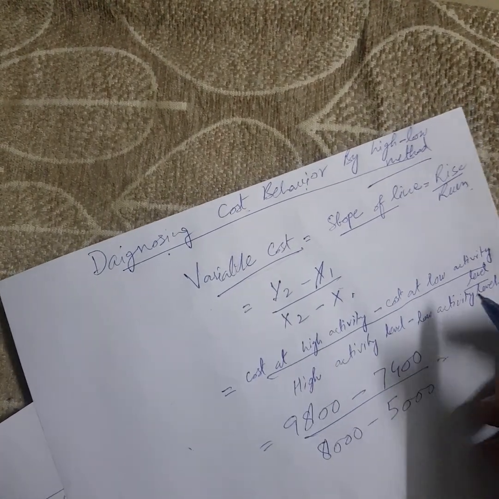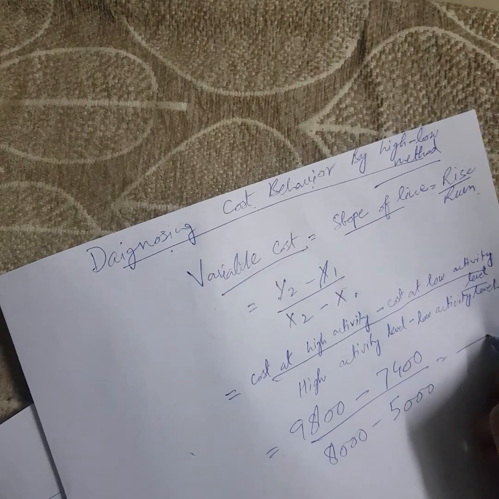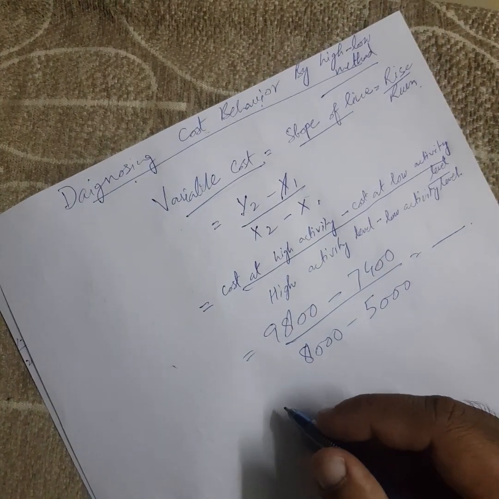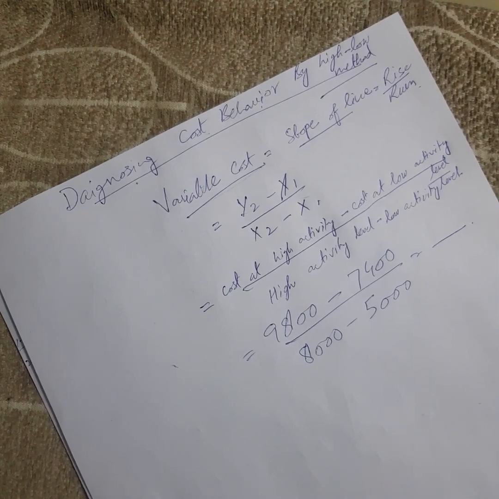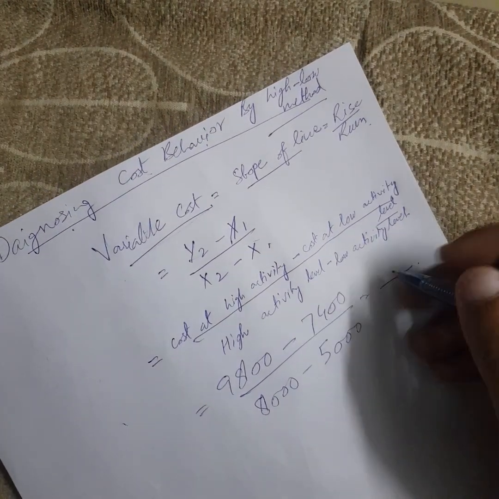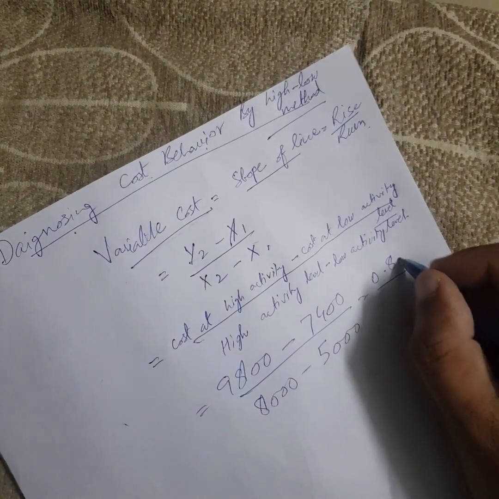By calculating these you will get your variable cost. And this ratio we will get 0.80.